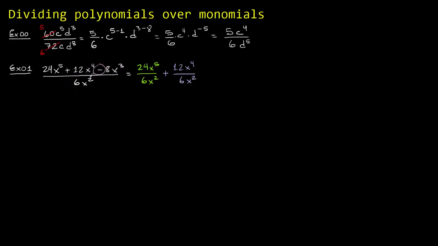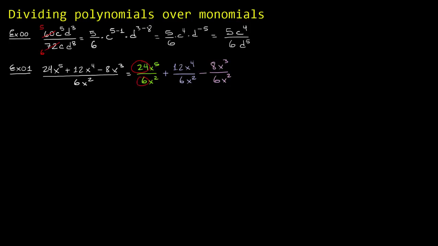This is a negative term and the divisor is positive, so negative over positive makes a negative. So we have minus 8 times x to the 3rd over 6 times x squared.